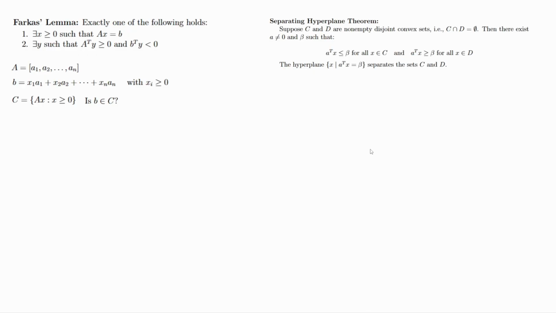So let's apply this to our problem. We can let our C remain the same, so this is the set of Ax such that x is non-negative. And then we can let D be the single point b.